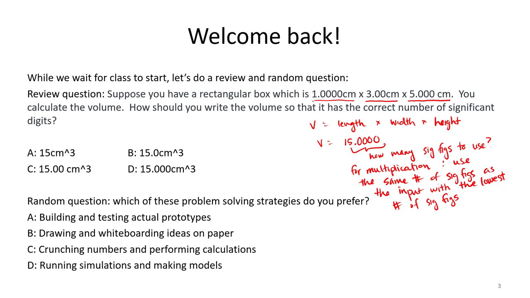So in this case, we see that our first input actually has 5 significant digits. Our second input has 3 significant digits. Just remember that these zeros do count because it's a decimal. And our last input has 4 significant digits.